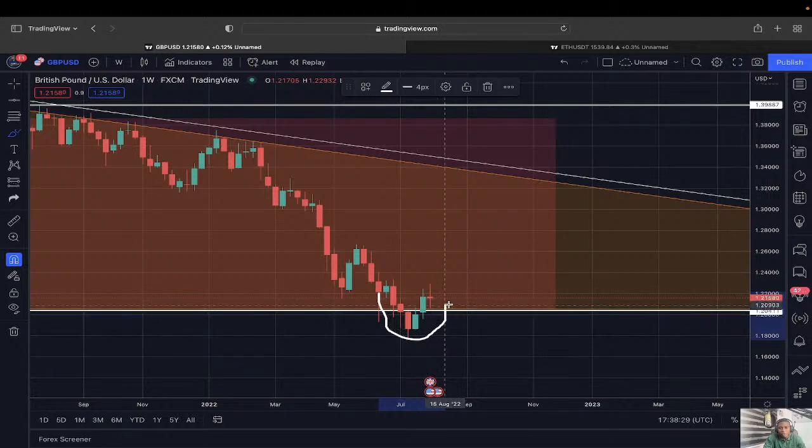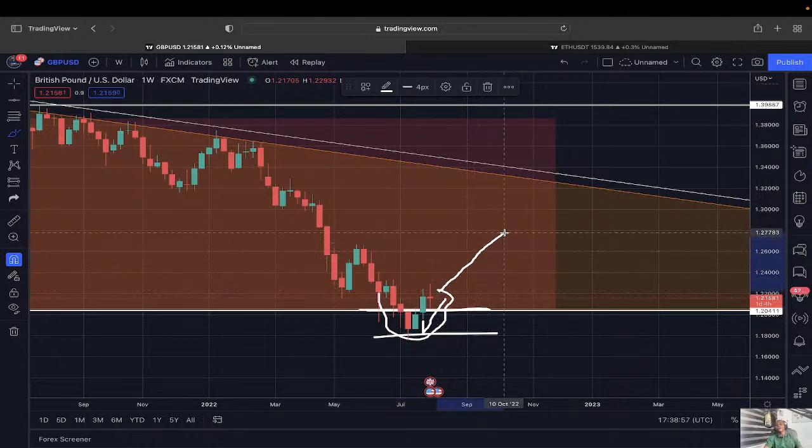Price was pushed back at this level, and it was pushed above the support level. So this might give a short-term bullish momentum, or it might decide to pull back.